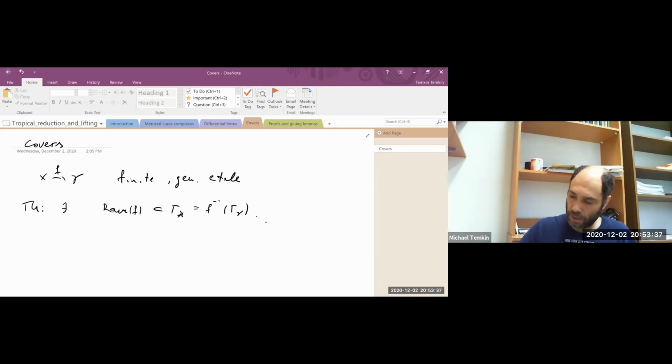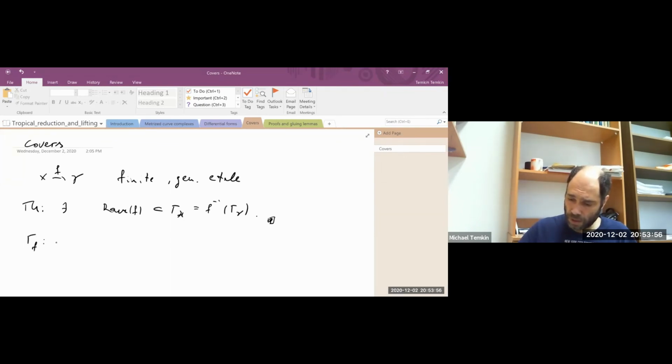Actually, this theorem is as difficult as semi-stable reduction. It looks more general, but it follows easily, and it does not give really new information about the morphism.